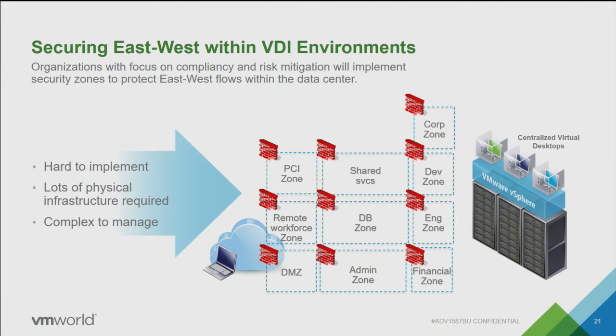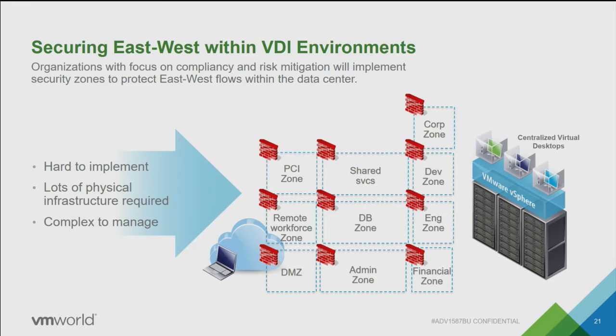Traditionally, how you would secure this in a physical environment would be to put firewalls at all the different access points. But as you collapse your VDI environment into a centralized data center, or centralized data centers, with virtual machines, that becomes much harder if your networking is based on centralized physical networking.